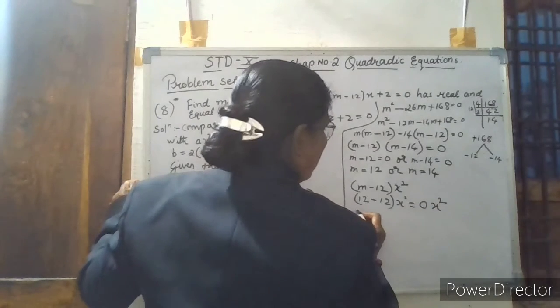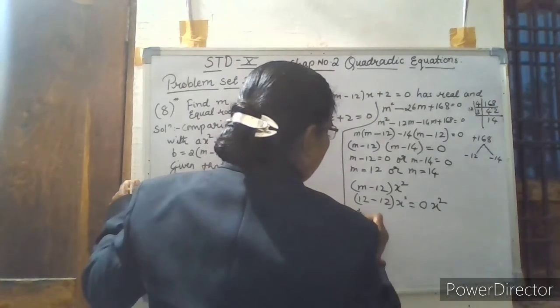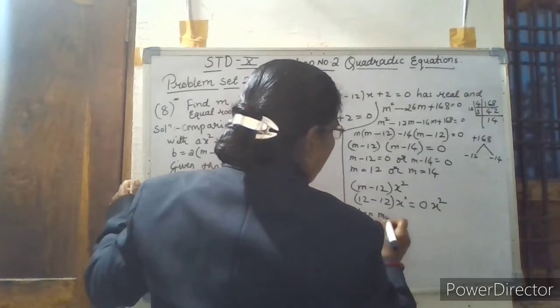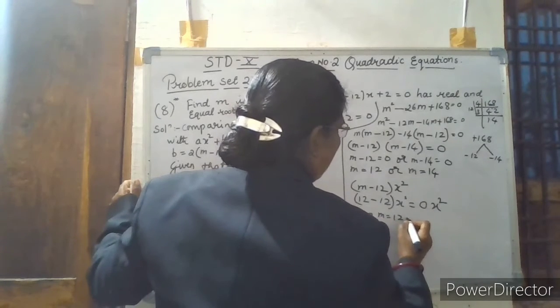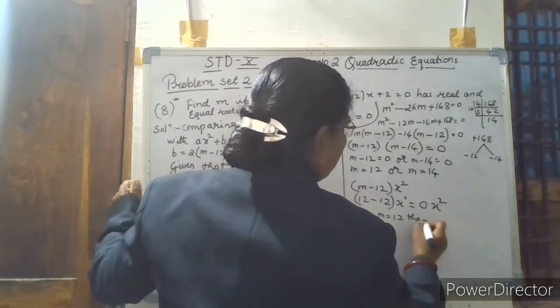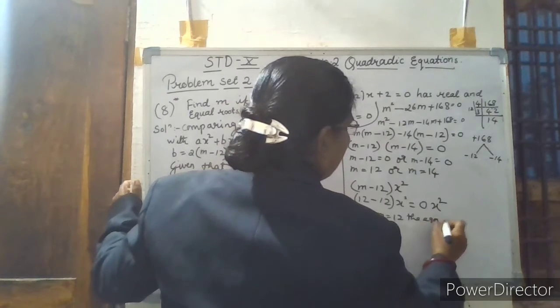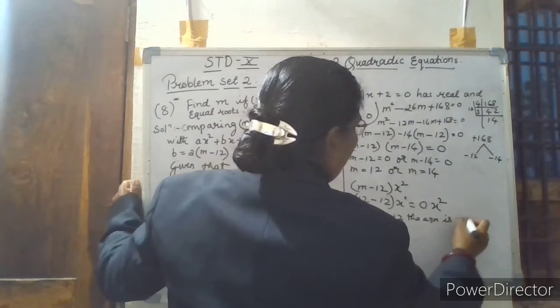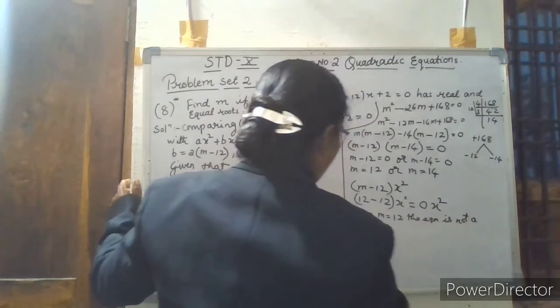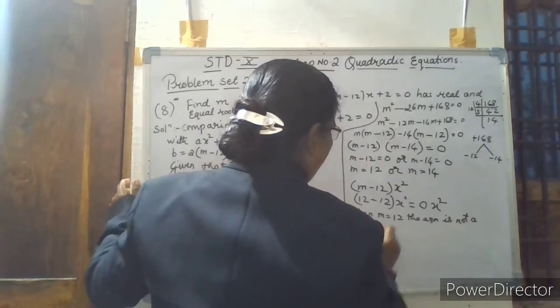So, when m value is equal to 12, the equation is not a quadratic equation.